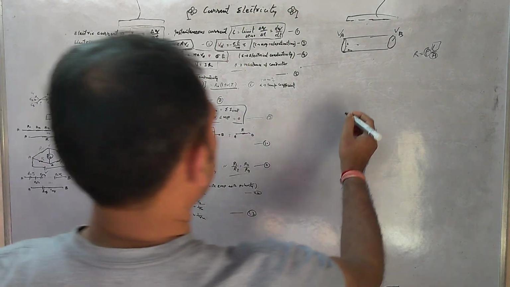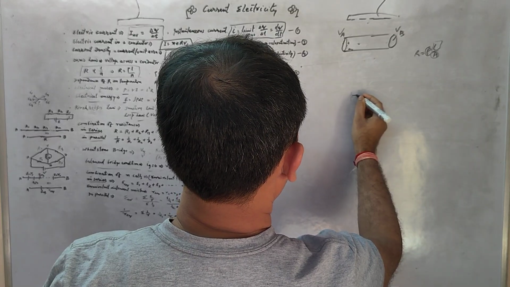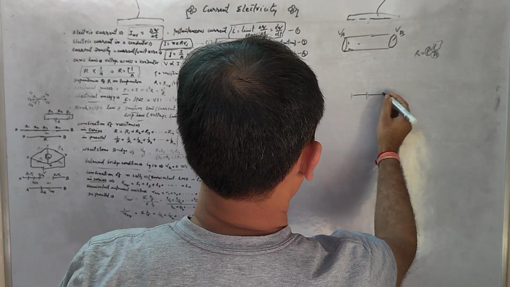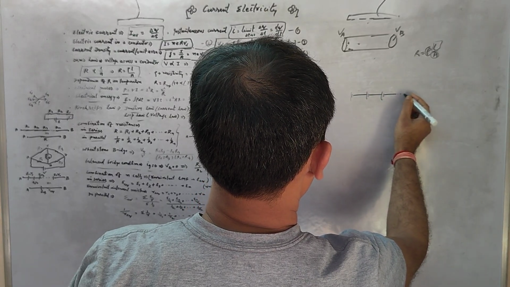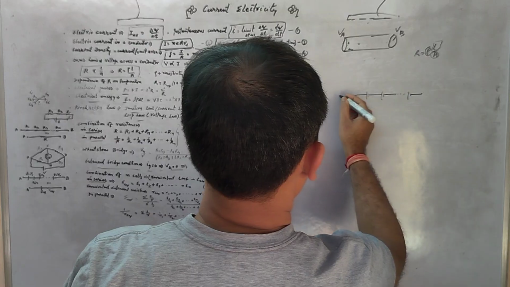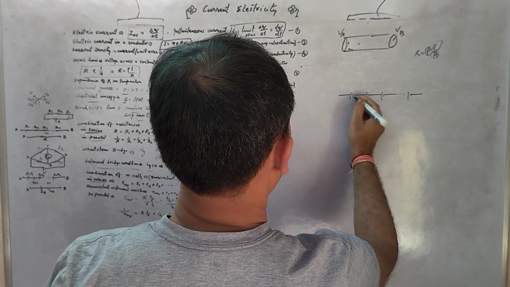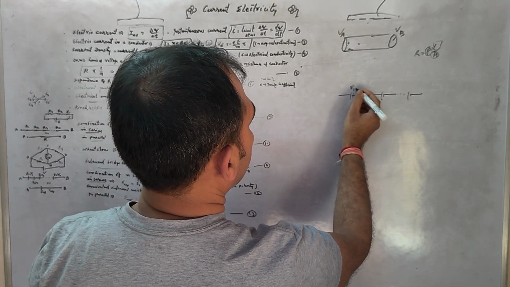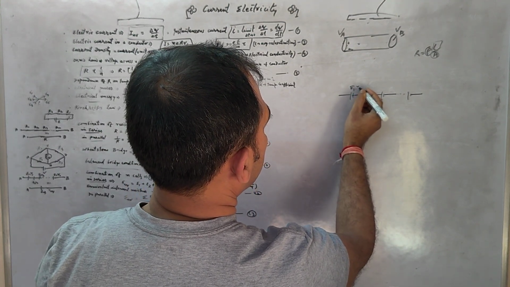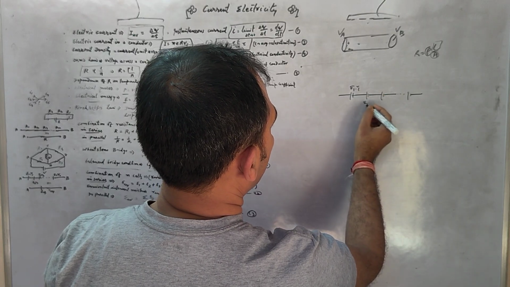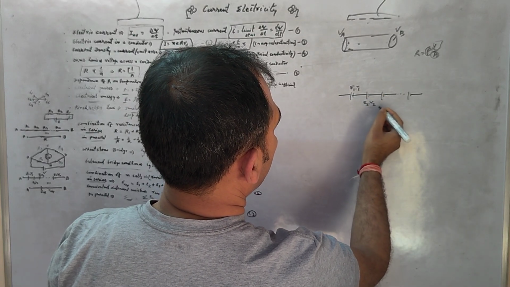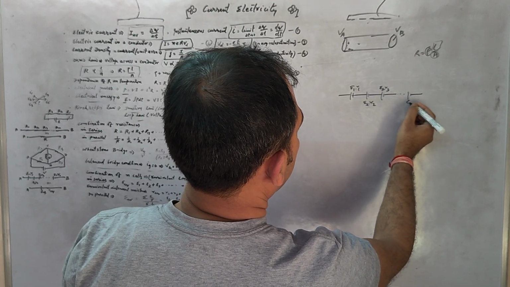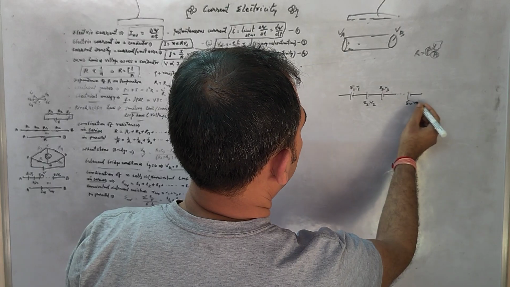So cells in a series. These are n cells. E1 EMF, internal resistance R1. This E2 EMF, R2 internal resistance. Similarly E3 R3, En Rn.